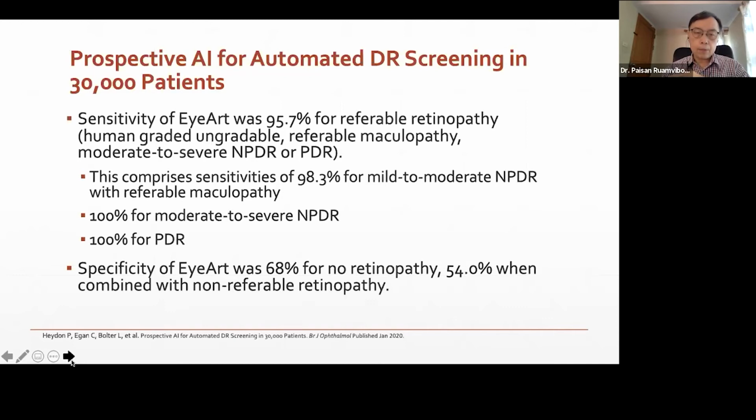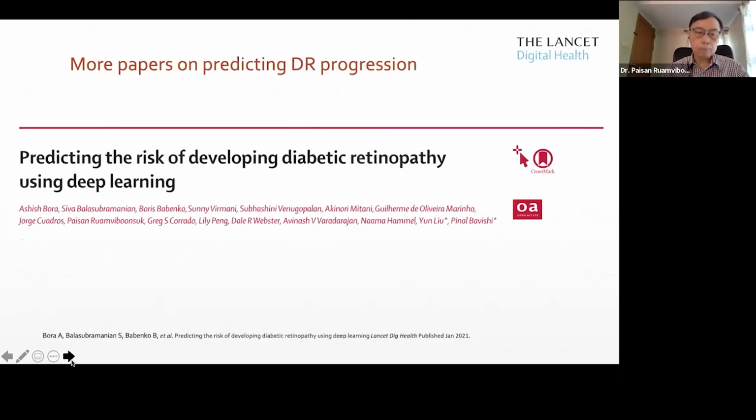This sensitivity comprises sensitivities of 98.3% for mild to moderate NPDR with referable maculopathy, 100% for moderate to severe NPDR, and 100% for PDR. With sensitivity this high, the specificity is quite a bit lower. It's found to be 68% for no retinopathy and 54% when combined with non-referable retinopathy.